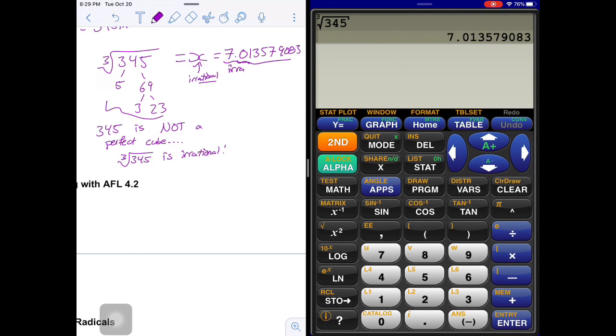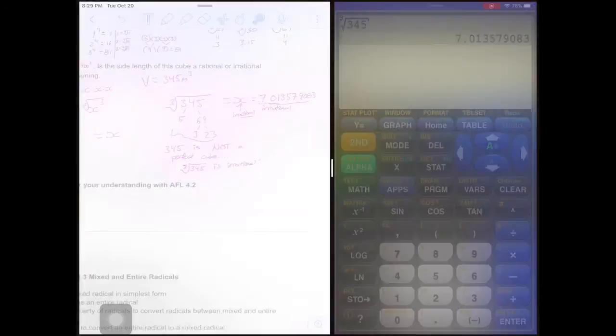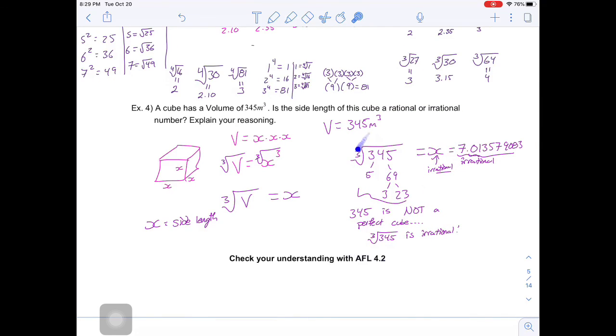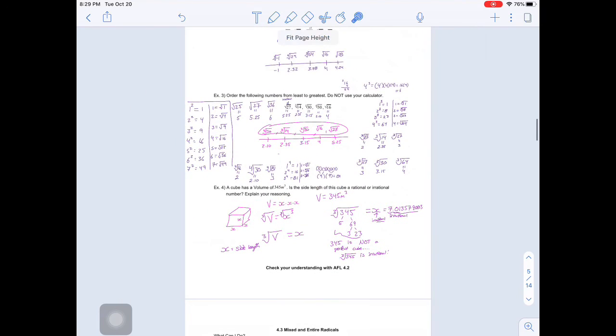So this is an irrational number. So there's a bunch of different ways. If you were to ask without a calculator, how could you prove this? You would have to show this. If it doesn't say you can't use a calculator, you can use a calculator, you could always just plug it in and show that there is no terminating or repeating decimal, therefore it's an irrational number.